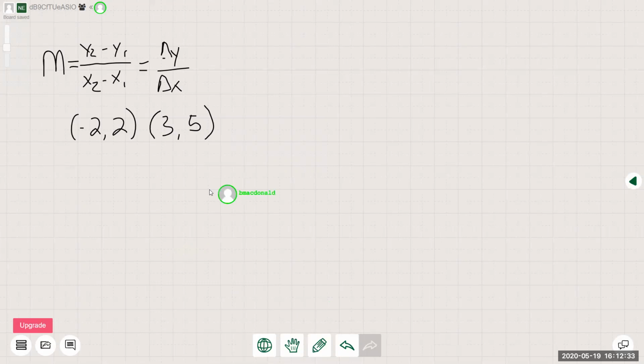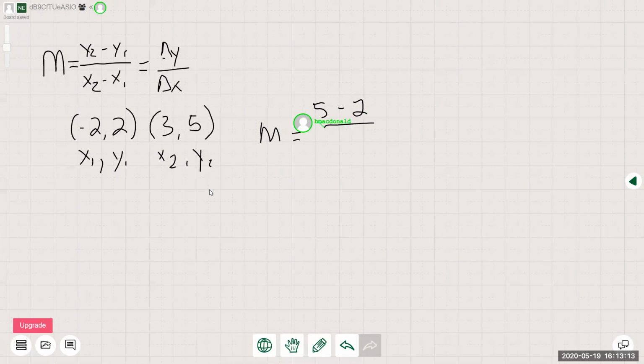So let's look at this one. We have for the first ordered pair, this is going to be x1 and y1. And then for the second ordered pair, we're going to have x2, y2. So now we should be able to arrange this fairly easily into the equation. So m equals y2, which is our 5, minus y1, which is our 2.